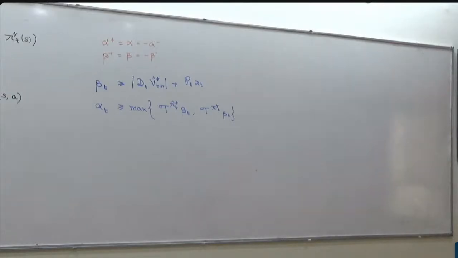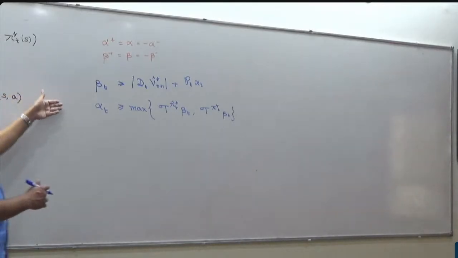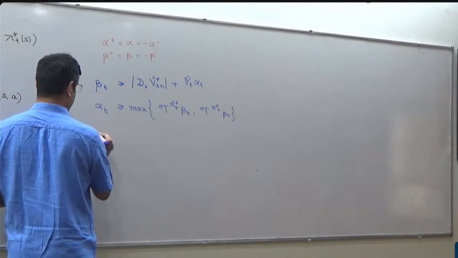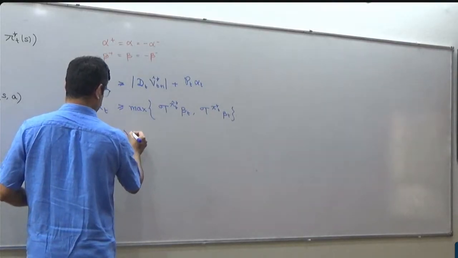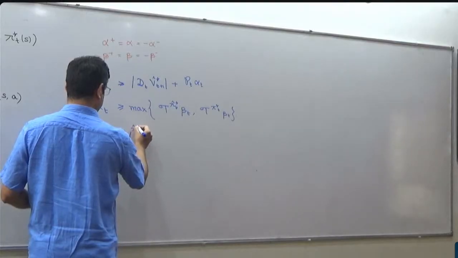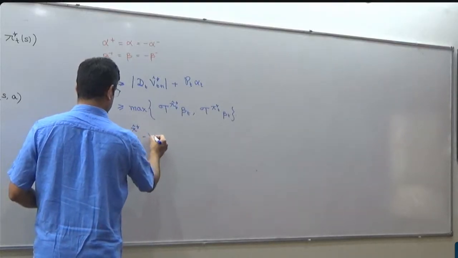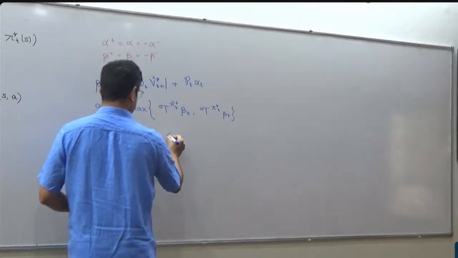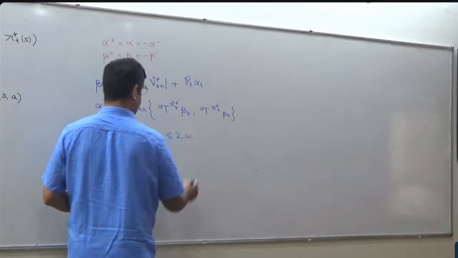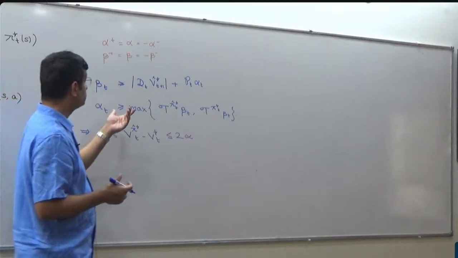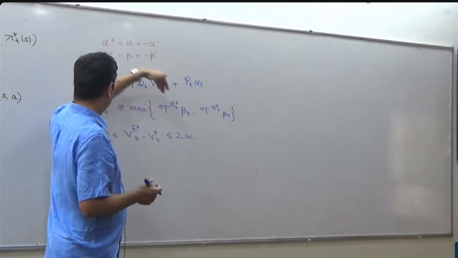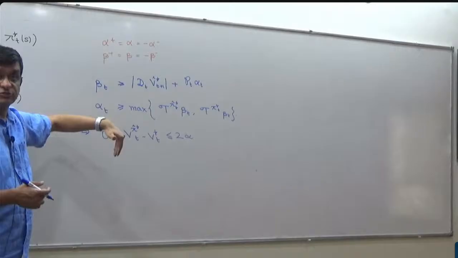So, this gives me symmetric bounds, and this will imply that 0 is less than or equal to v pi hat star t minus v star t is less than or equal to twice alpha. What we had done in the sample path bounds was that we had taken, this is still pointwise, these are still functions, right.